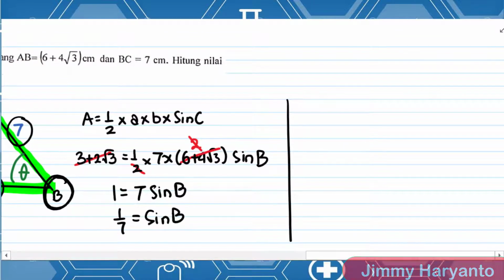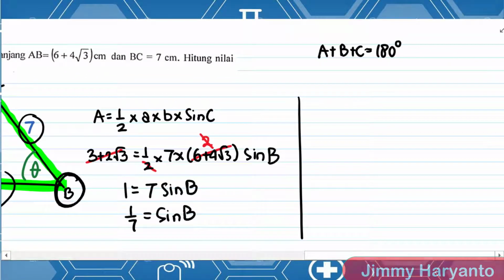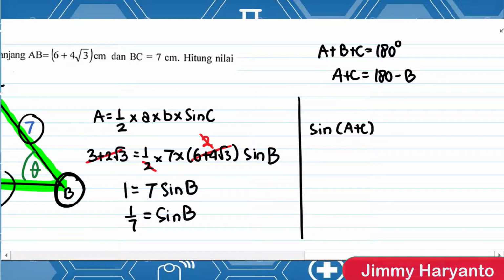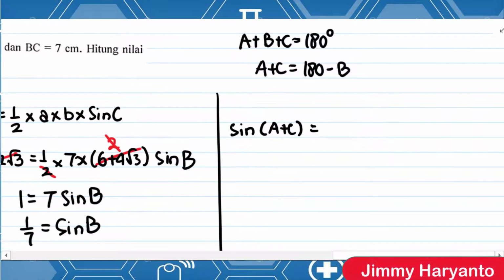This is a little bit tricky because I have A plus B plus C equals to 180 degrees. If the question wants us to find sin(A plus C), that means I can move the B to the right side, 180 minus B. Because we already have the relationship between A plus C and B, I can change this question into sin(180 degrees minus B).